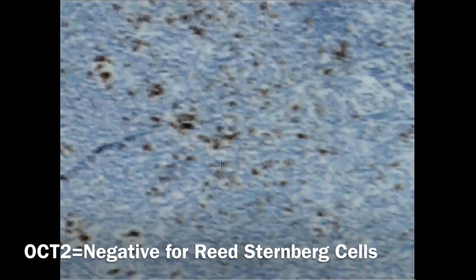I will try to write all these stains on the screen so you can see them while seeing the slides, but these are the most important things to be ordered in a Hodgkin case when you suspect it. CD20 first should be ordered to confirm presence of B cells, then CD3 or CD5 for the T cells, then you go for a specific staining, CD30, CD15, to be positive in classic Hodgkin, CD45 will be negative.